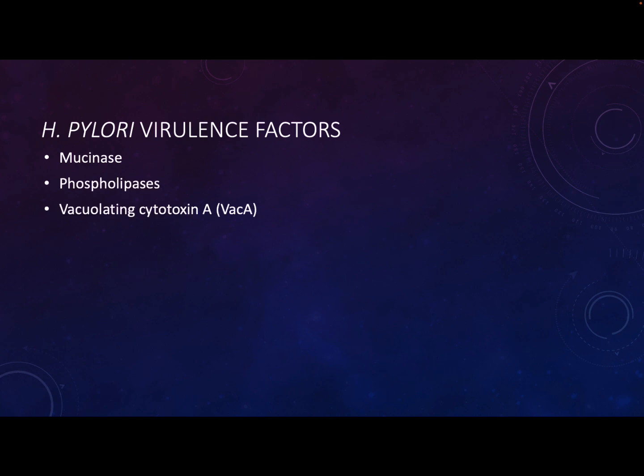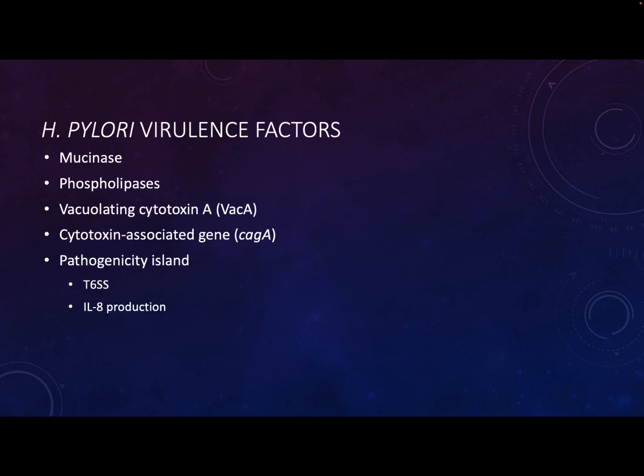It has phospholipases for tissue destruction. It has a toxin called vacuolating toxin A, or VacA, that also helps it to kill host cells. It has a gene called cytotoxin-associated gene, and it has a pathogenicity island.